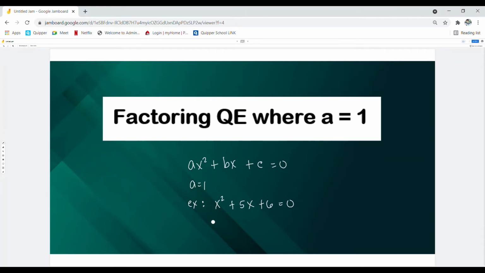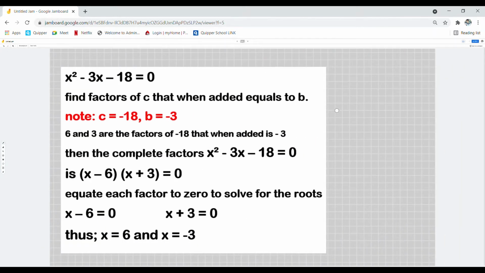Alright, so let's now proceed. Let's try to find out through examples. Okay, I have here example x squared minus 3x minus 18 is equal to 0. As you see, a is equal to 1. Right, so we are going to factor this one. We'll find factors of c.